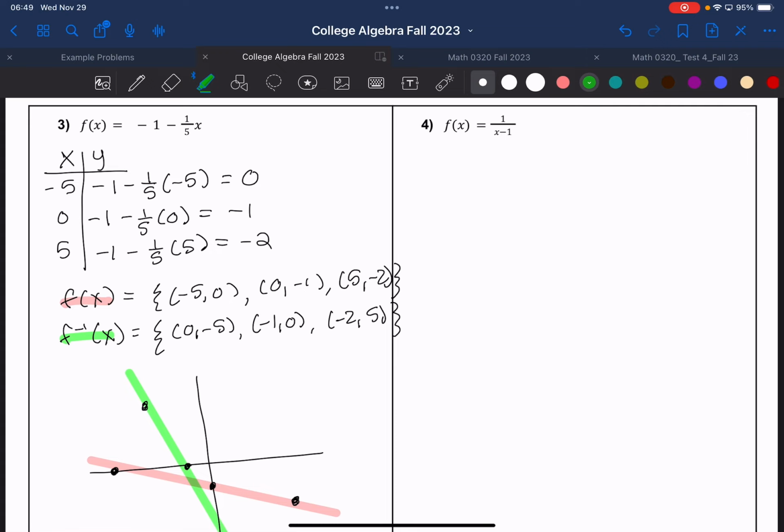Okay, about 30 more seconds, and then we'll start going through it. If you're still working, you can continue working through the problem as I go over it.